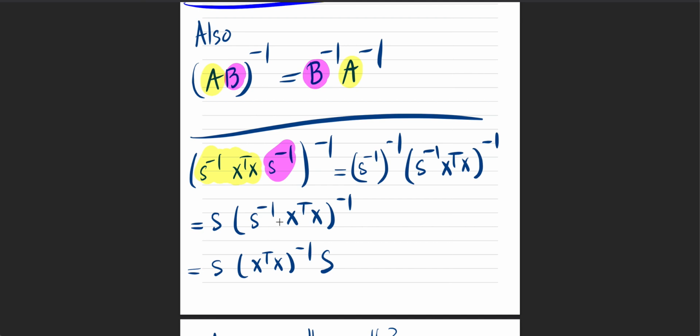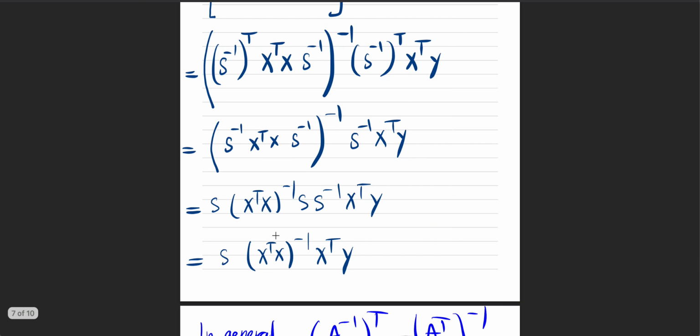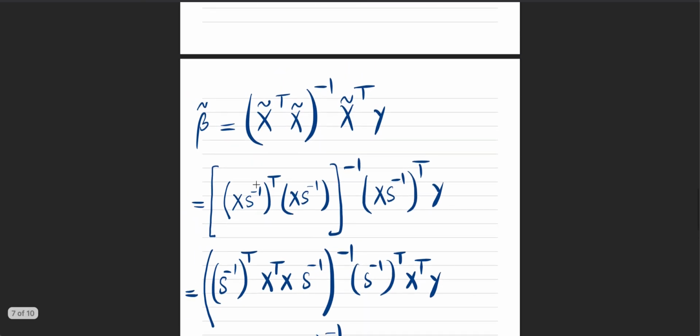We apply the same thing again, so this becomes our A, this becomes our B, so then this becomes B inverse, and then S inverse inverse becomes S. So this whole quantity is S X transpose X inverse S. The S with the S inverse cancels, so we end up with S X transpose X inverse X transpose Y, and that's just beta tilde.